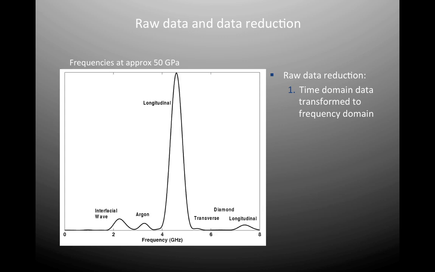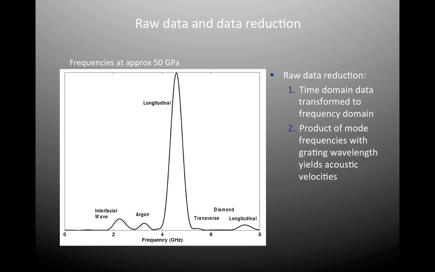We also see smaller peaks associated with both the longitudinal and transverse elastic waves in the diamond. There is the argon spike on there, which is the compressional wave in the argon, and then there's the larger, lowest frequency wave associated with a surface interfacial wave propagating between the crystal and the argon pressure medium.